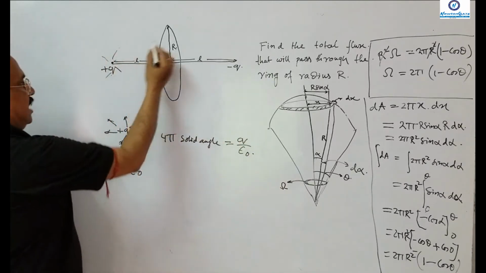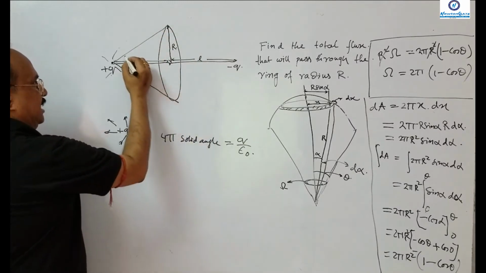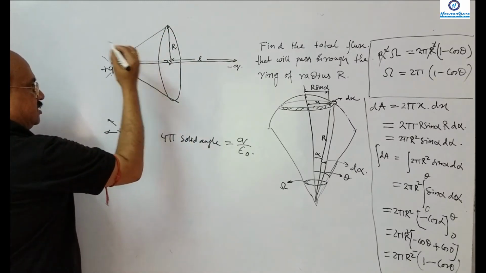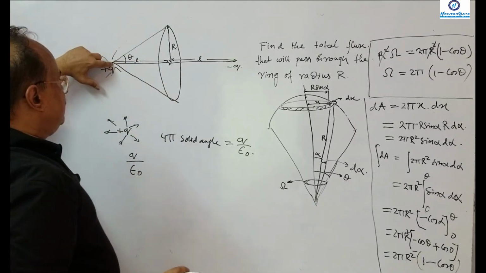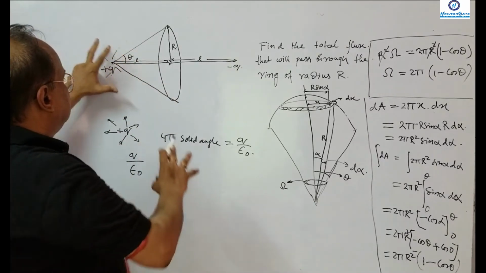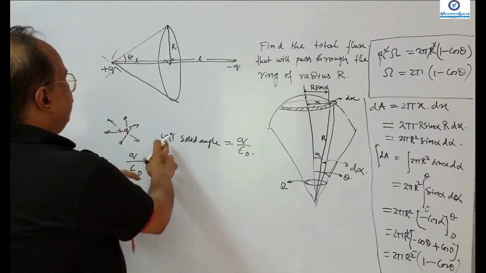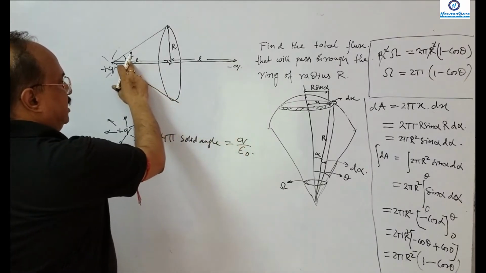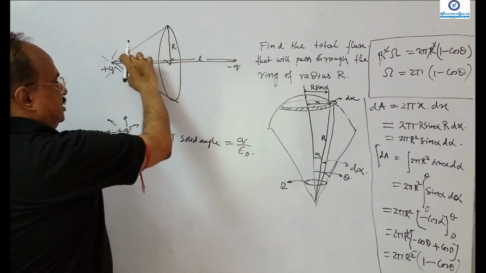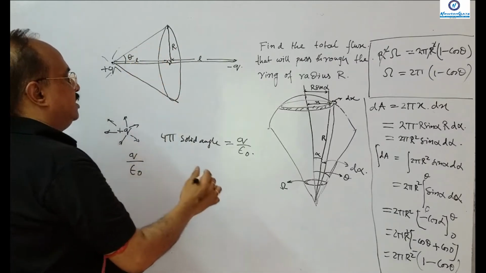But how much flux I want through this ring is only this much, and let us say this angle is theta. Now you understand what the issue is. This Q is spreading out flux in the 4 pi dimension equal to Q by epsilon naught, but I want only this much solid angle, where the half angle is theta.